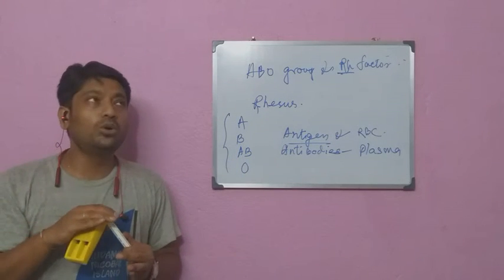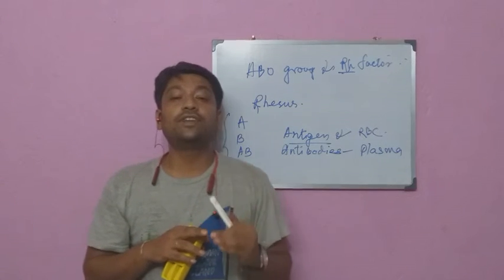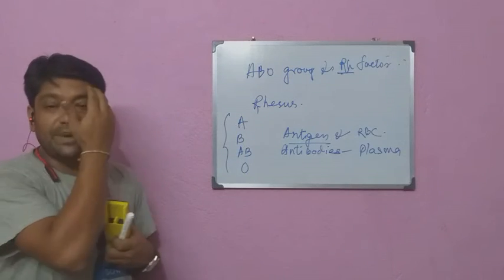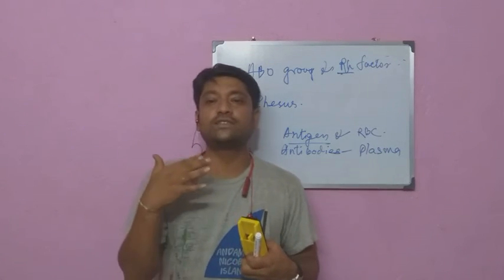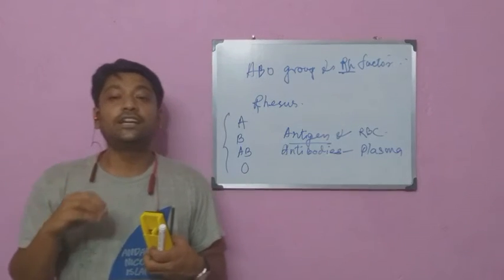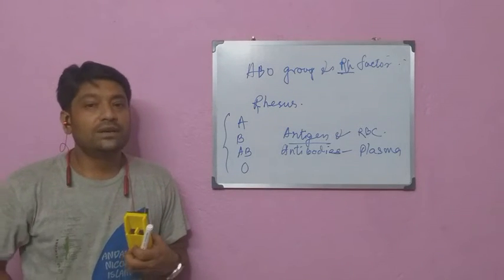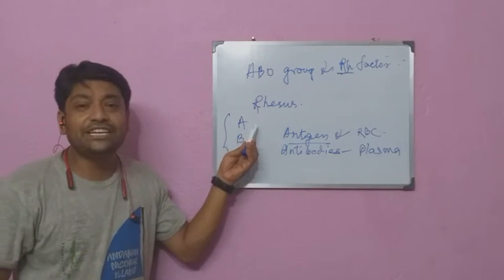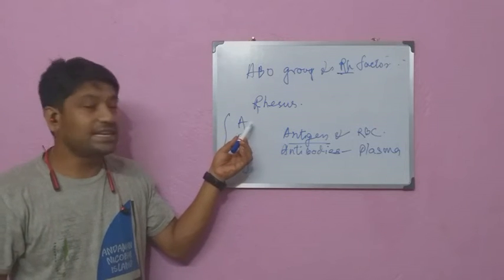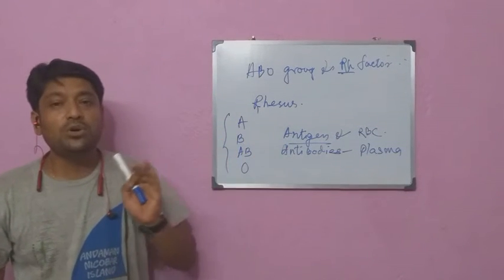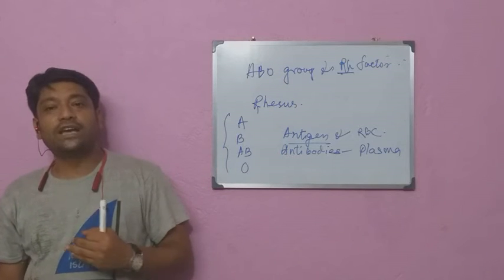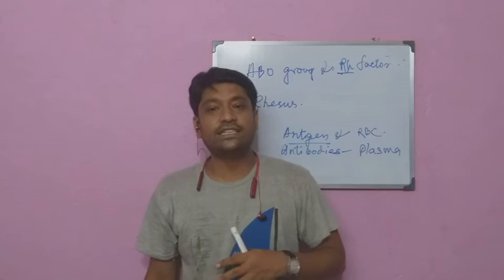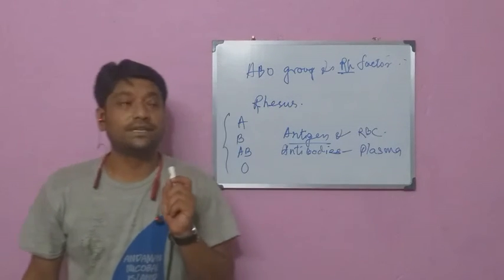The basis of ABO grouping is 2 antigens, antigen A and antigen B. The ABO grouping system is classified into 4 types based on the presence or absence of antigens on the red blood cell surface and plasma antibodies.